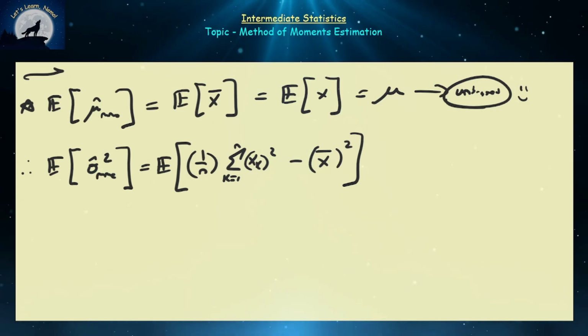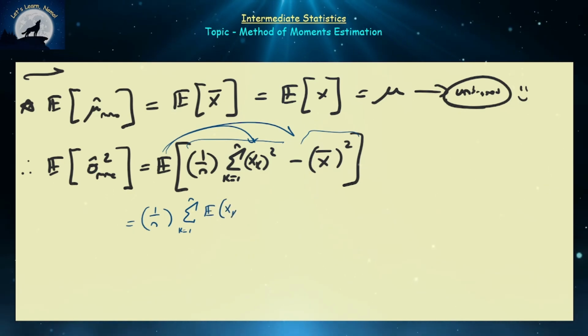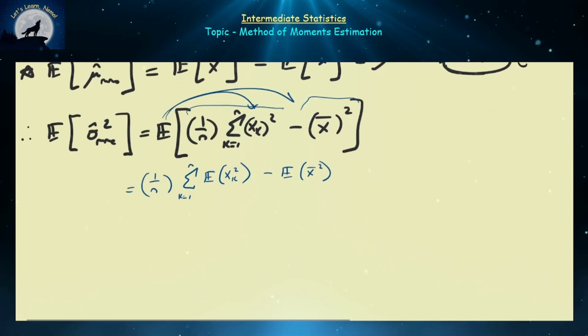So what I want to do is distribute this expectation over this sum, in particular to this object and that object, and also inside of the sum as well. And that's going to give us 1 over n times the sum from k equals 1 to n of the expected value of xk squared, or the second moment of xk, minus the expected value of x bar squared. And again, make sure you have your squares in the correct position.